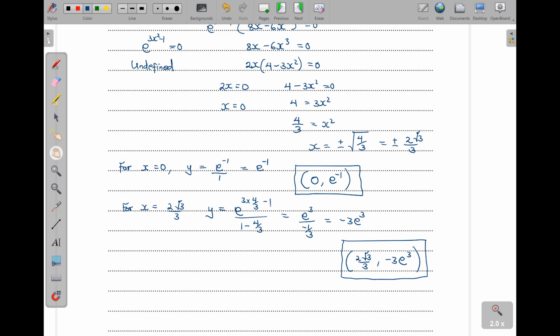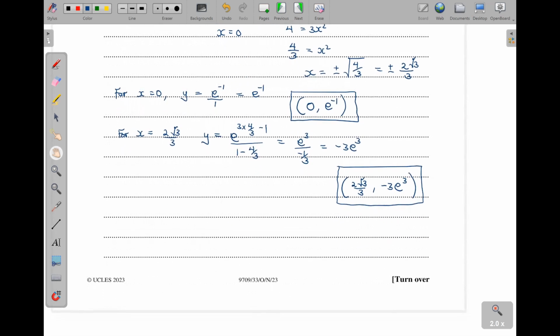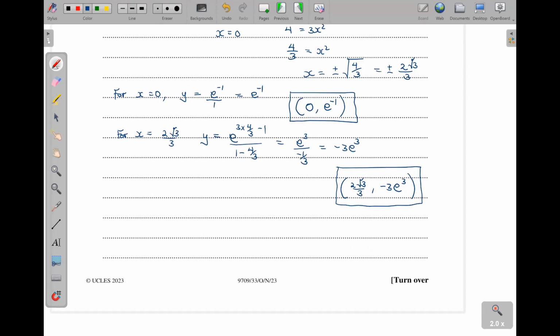Okay, and then lastly, for x equal to negative 2 root 3 over 3, our y is going to be the same because it is e power 3x squared, and when you square this x, you get the same x squared.